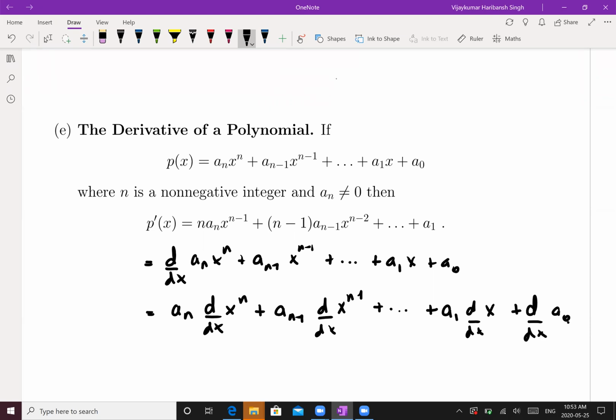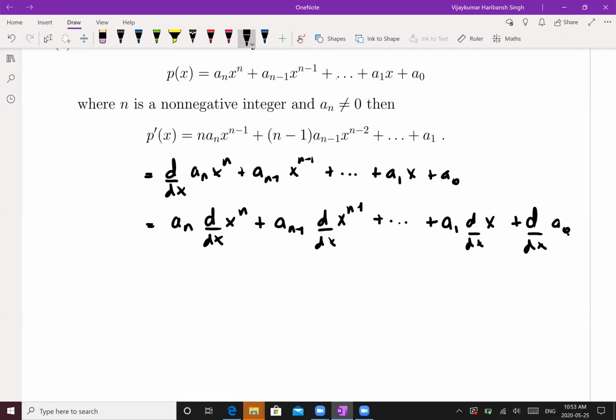So now when you write down, this is going to be a n times n into x to the power n minus 1 plus a n minus 1 times n minus 1 times x to the power n minus 2, all the way until a1 times 1, and the derivative of this is 0. So this is the general form of the derivative.